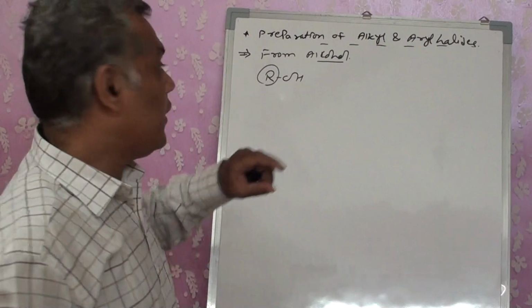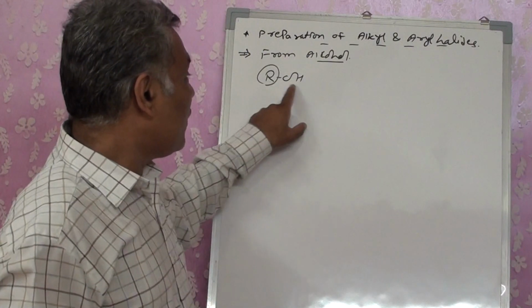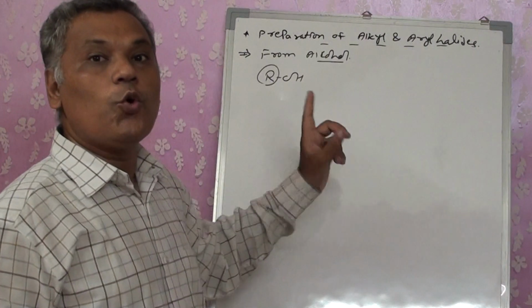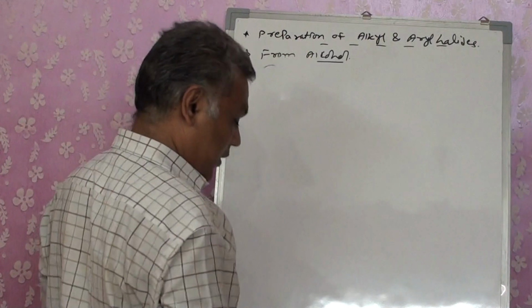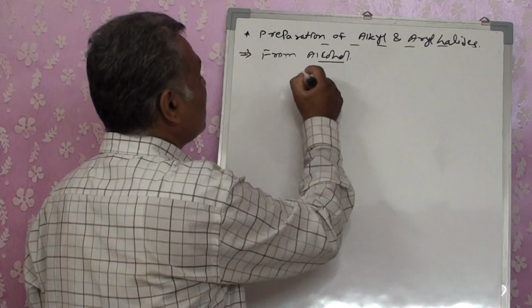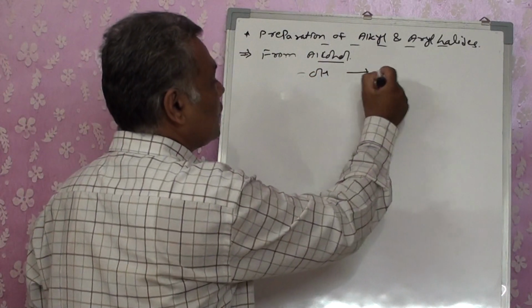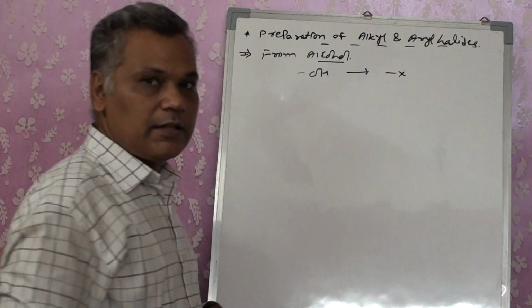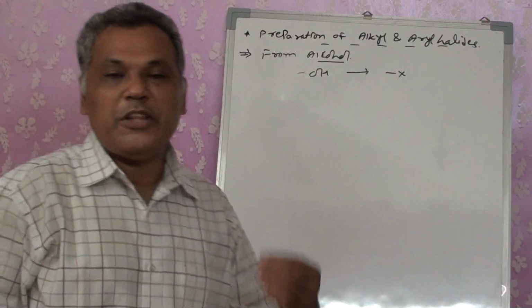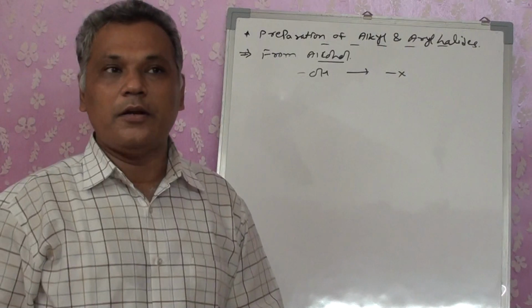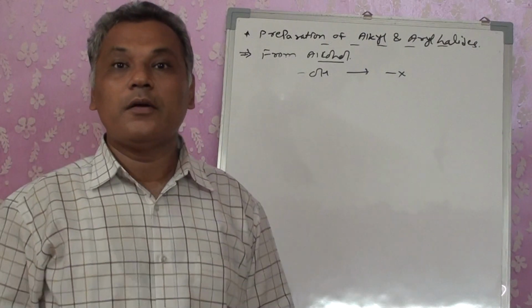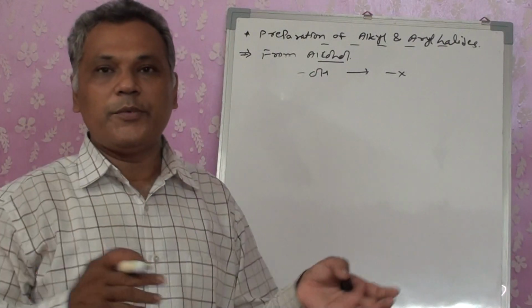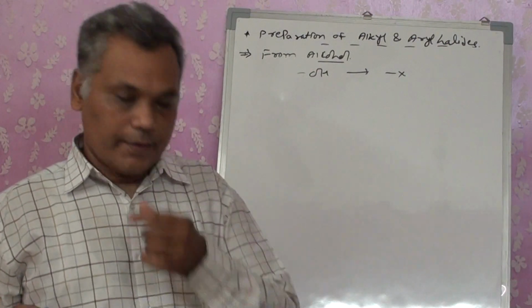What is the concept over here? From alcohol, I am going for the reaction of OH to X. So at present this particular method is to convert OH into X. I am not studying it as methanol converted into methyl chloride, methyl iodide, methyl fluoride or methyl bromide. Four halogens are there, and they can be converted into any of them.